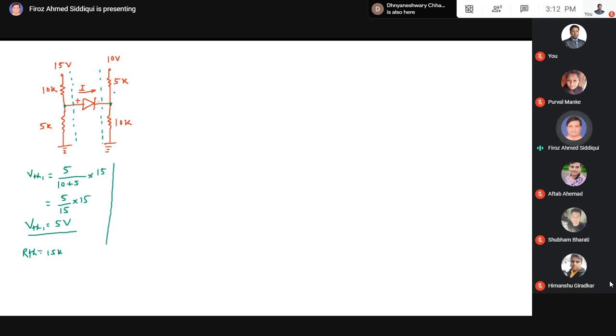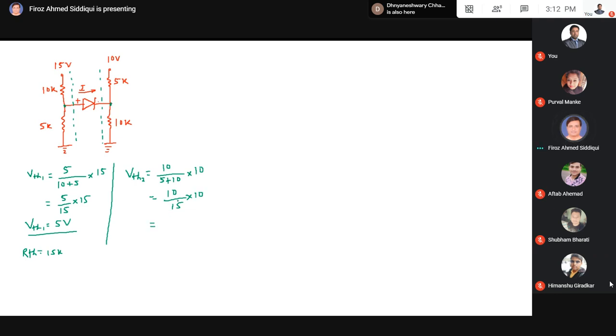अगर यहाँ पर देखेंगे आप तो say this voltage is VTH2, voltage at this end. So what is the voltage divider rule? The formula will be 10K upon 5 plus 10 into the voltage, that is 10 volt. So it will be 10 upon 15 into 10.